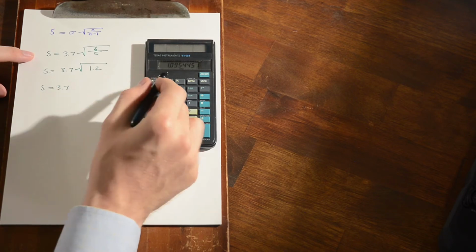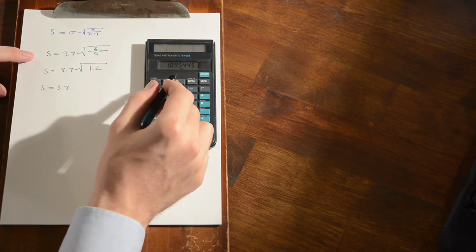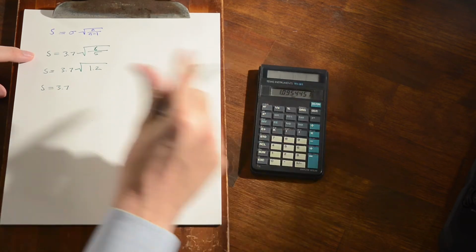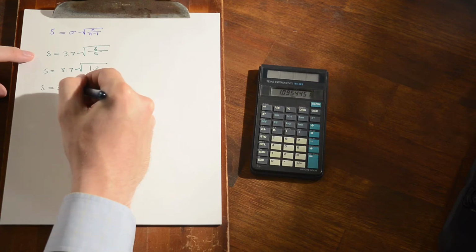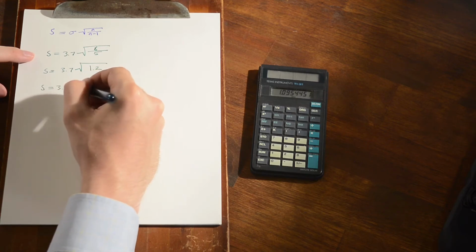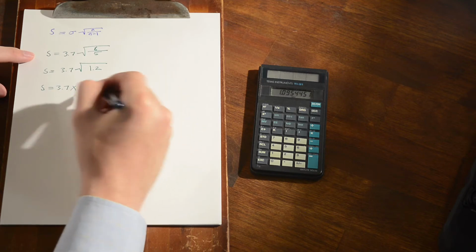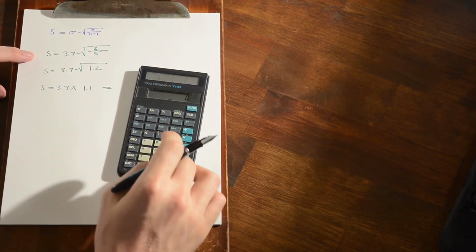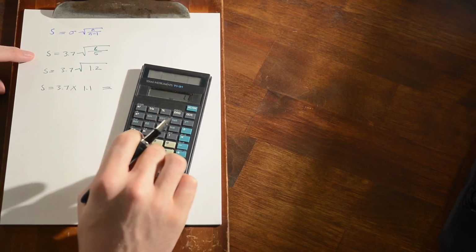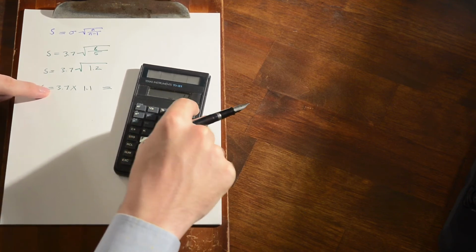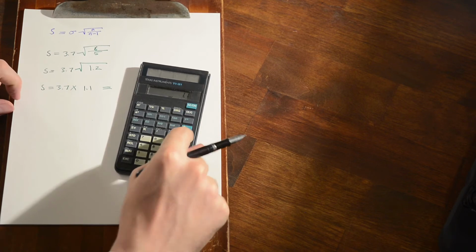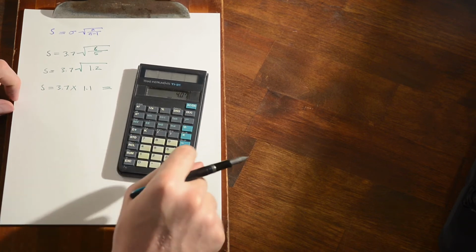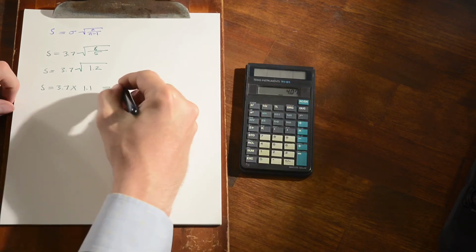It's equal to 1.095. This rounds to 1.1, so that's what I'll keep. I'll just put a times there for multiplication, times 1.1. And that is equal to, I'm clearing the calculator again, so I get this to match up with this, 1.1 times 3.7 is equal to 4.07.